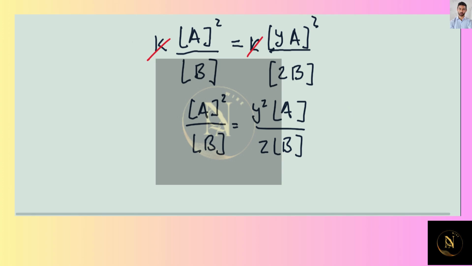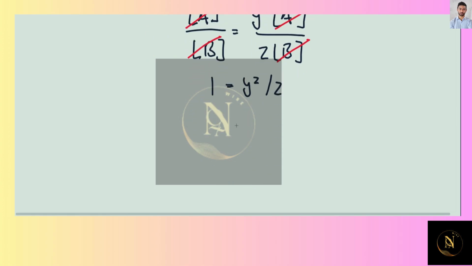Okay, so let's continue. Sorry, I forgot to put the square there. Now we can start canceling things. The b cancels with the b. A squared cancels with a squared. And we're left with 1 on the left-hand side: 1 equals y squared all over 2. We can move the 2 to the other side, multiplying both sides by 2, so we get 2 equals y squared.